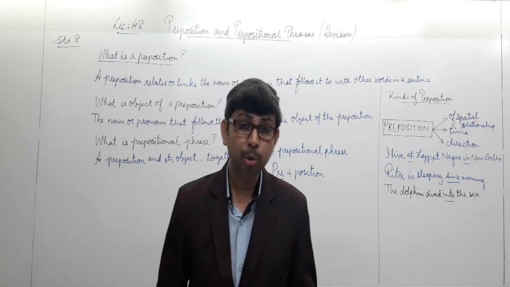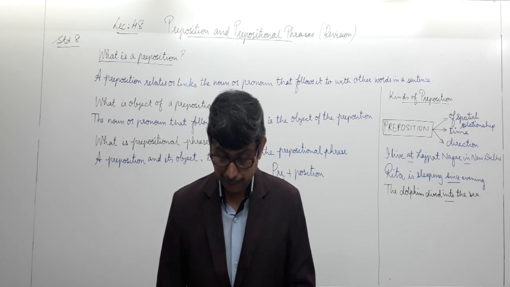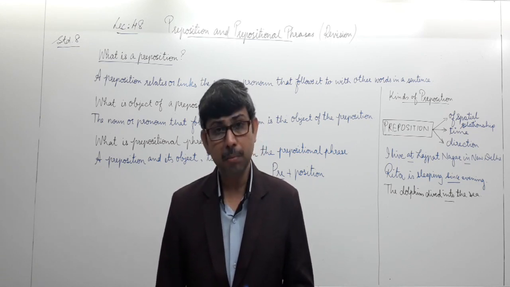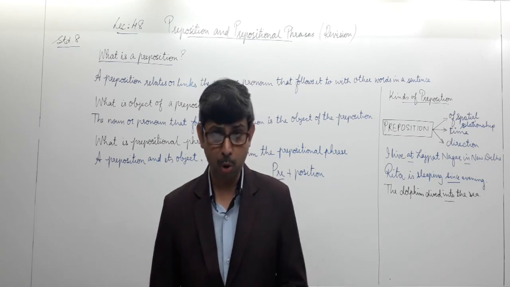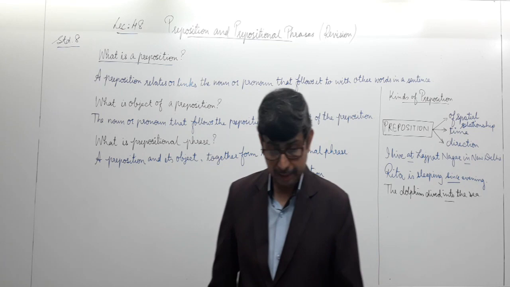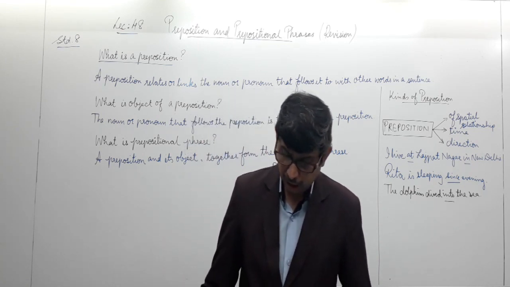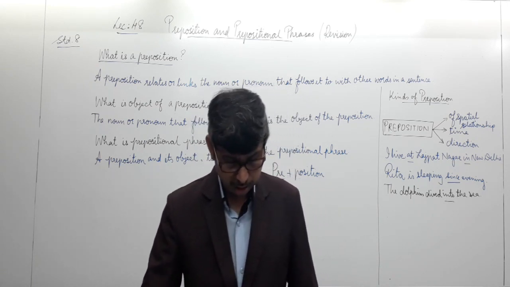And the underlined group of words that you see along with the preposition, like for a bike ride, from our school, and in the mall, indicate the prepositional phrase. So I hope this is now very, very clear. We have an exercise to perform about the preposition and prepositional phrase. So let us do it now.